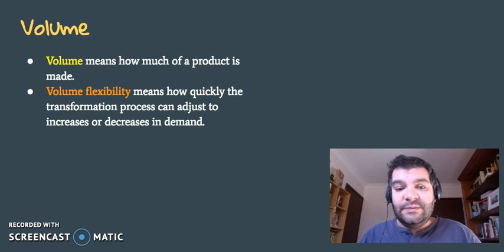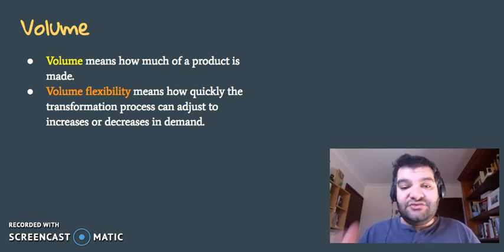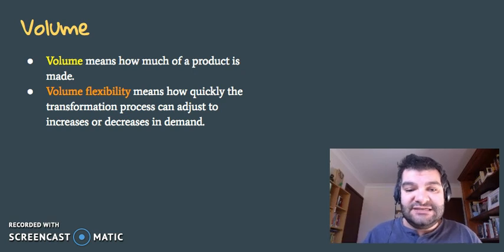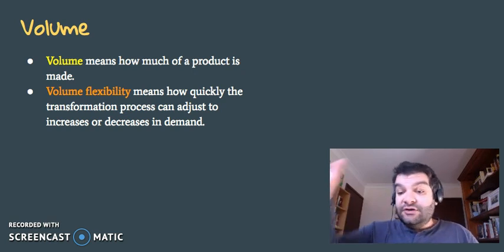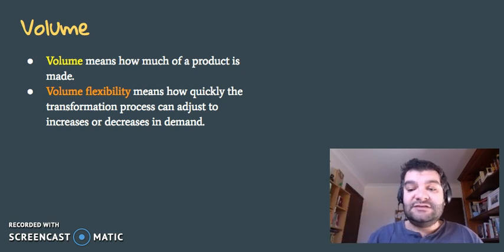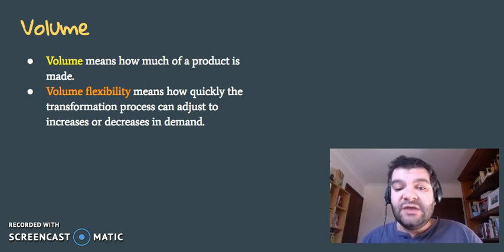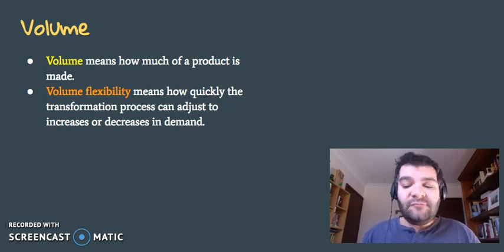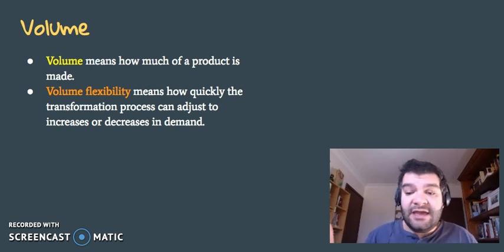Now, when it comes to how quickly the business, the transformation process, can adjust to either an increase or a decrease in demand, that's known as volume flexibility. So how flexible are they if all of a sudden there's a spike in demand?